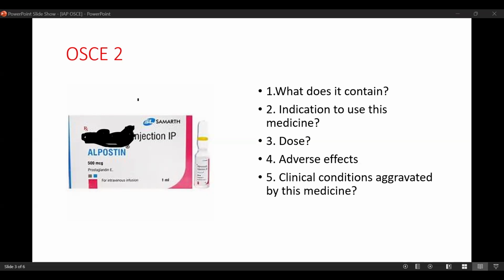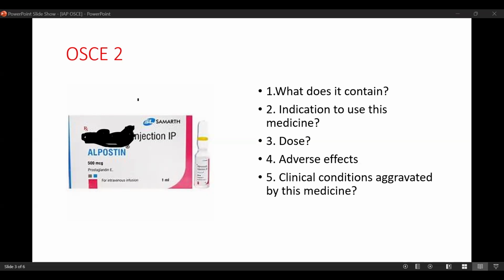Okay. So what is the dose of this drug? Yes, it is 0.05 to 0.1 microgram per kg per minute. It is given as an infusion.